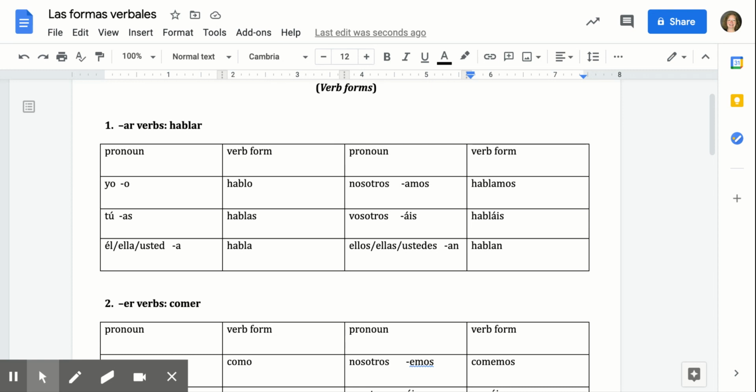I'm doing it in the present tense. If you were to change this to this, now it's I'm doing the action in the past tense. Or if you were to change it to this, now it's I'm doing the action in the future tense. Or if I changed it to this, now I'm doing it as a past hypothetical. Or if I change it to this without the accent, now it's a present hypothetical.